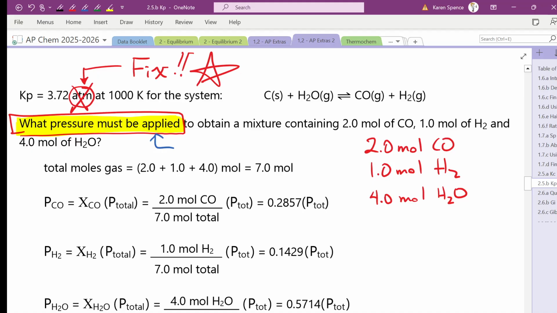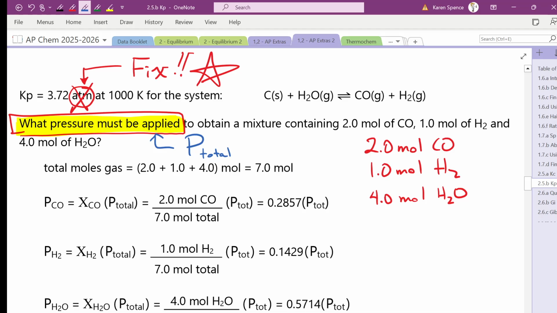So basically we've got a container, yes, and we've got a pressure gauge on it, and we need to know whether we need to squish the container or expand the container. What is the little pressure gauge going to read? So that's going to be our total pressure.